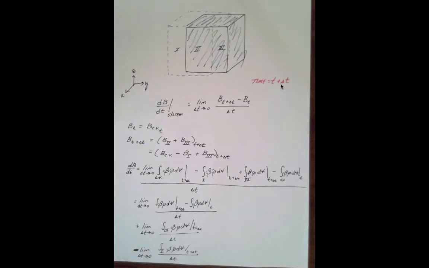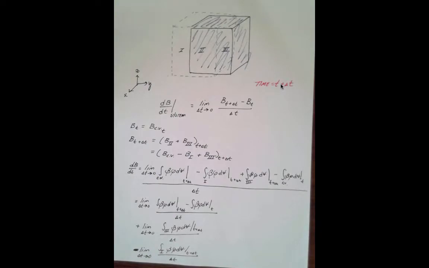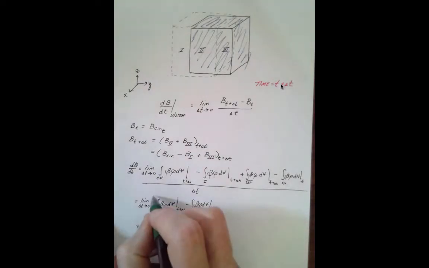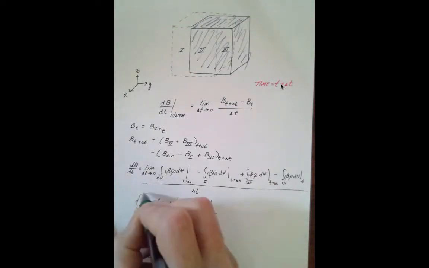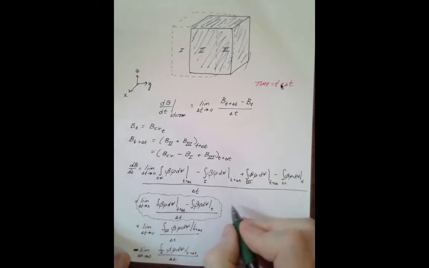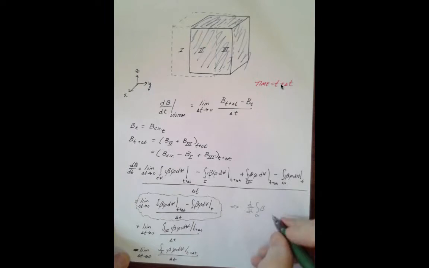Okay, with all that in mind, we'll proceed forward. And this first term, this integral is the volume integral. So this part, which is circled now in green, that limit is the time rate of change of the integral over the entire control volume of beta rho dv.